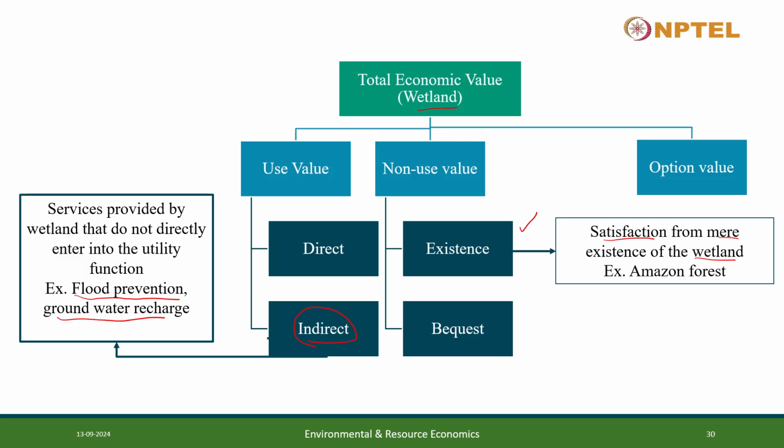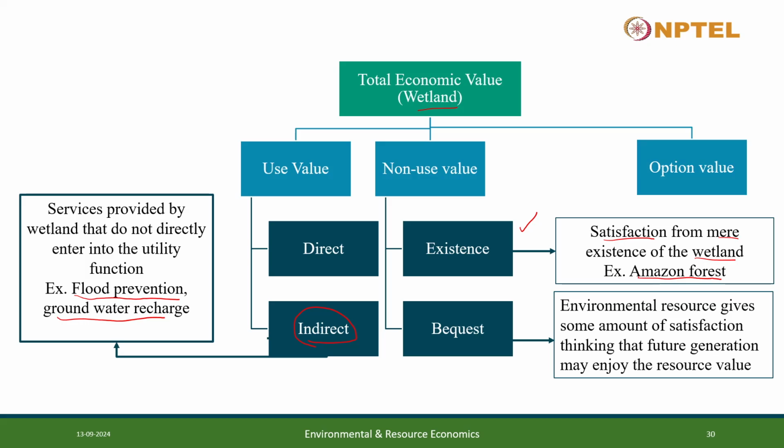Let's say that there is the Amazon forest. You do not go there, you do not enjoy any services of this forest, or there is a beautiful nature place somewhere. Then just because of the mere existence of these places, you have some satisfaction. So in such cases, it is called existence value.